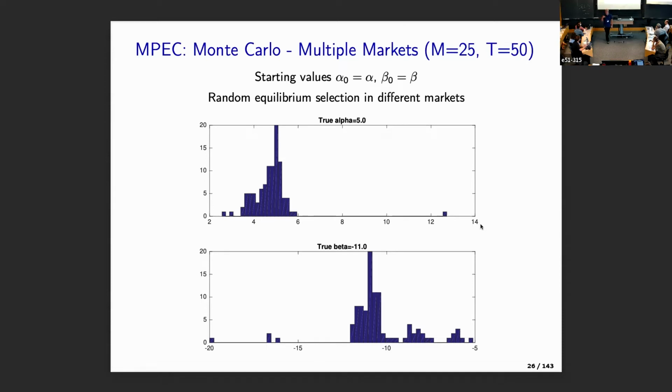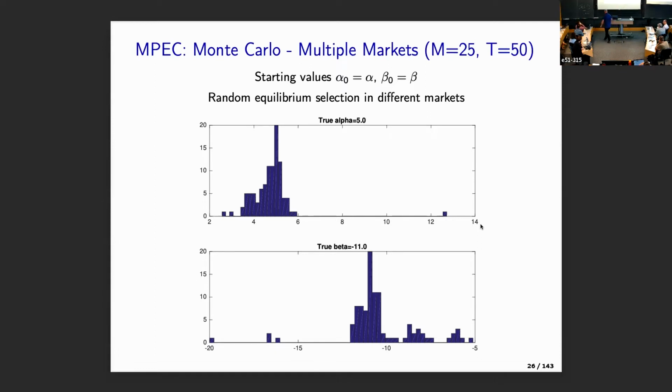Now, it's not like I just generated data, estimated the model with MPEC, and didn't let it converge. The equilibrium conditions are satisfied for all these estimates. Okay, so it's just because it's selecting the wrong equilibrium. Okay, finding a local maximum of the likelihood function, a local maximum where these equilibrium conditions are satisfied.